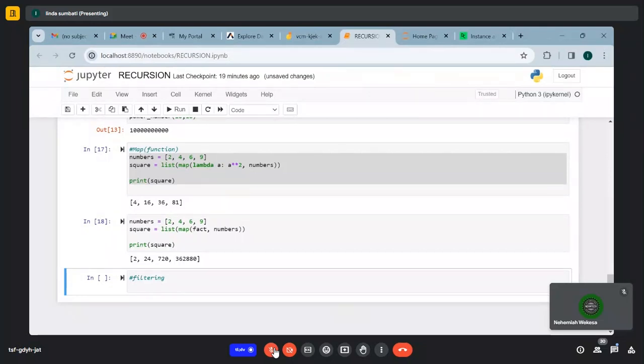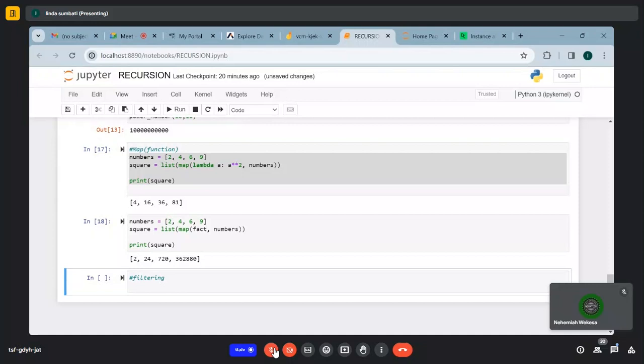So for example, maybe you have a lambda function, and you give it an argument and want to see if it's greater than, less than, or not equal to something. That is when filter comes in.